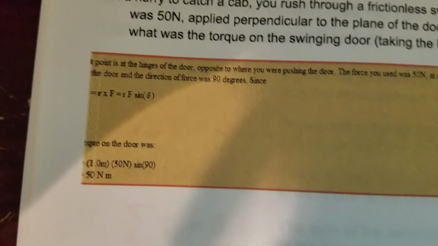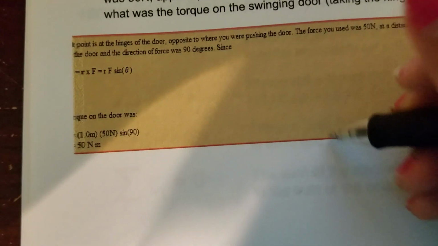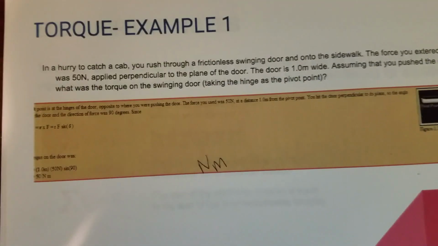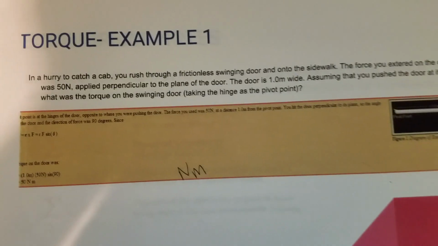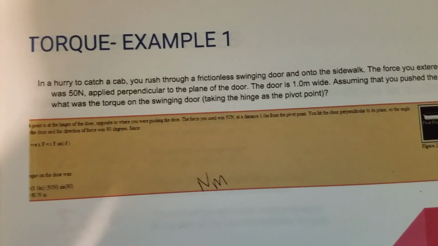You just plug it in and you get 50 newton meters. Torque's unit is newton meters, so you need to keep that in mind. But yeah, that's pretty much torque in a simplified manner. That's the basics that you need to know.